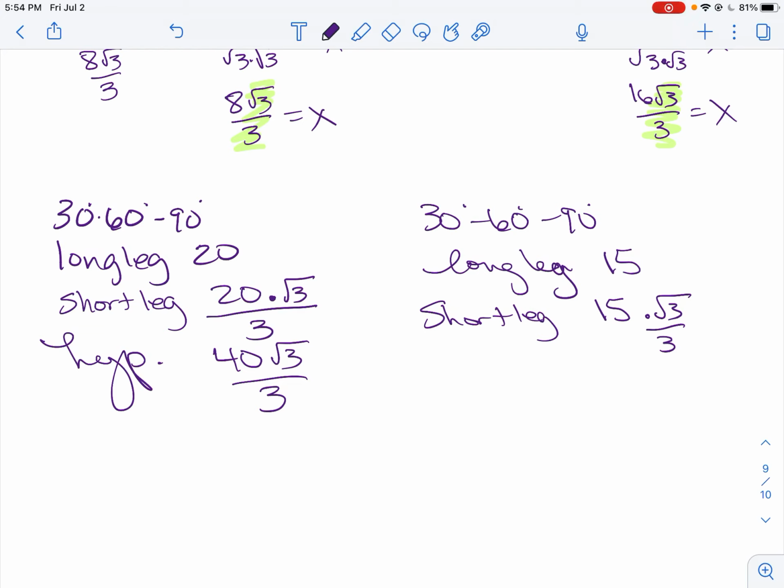Now, hopefully on this one you notice that this one can actually simplify. 3 goes into 15 5 times. So I get 5 radical 3. And the hypotenuse, I double that, so 10 radical 3. I hope this helps.